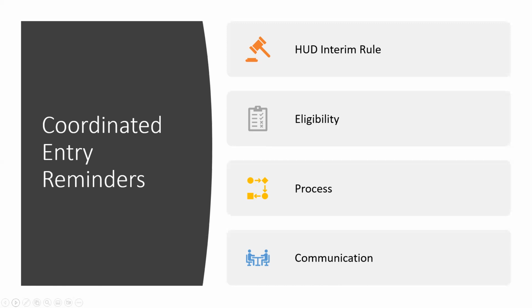One thing we do need to remember is that some of the projects receive rapid exit funding, which means they don't have to take clients from the by-name list. They work with clients directly within their shelters, outreach, or motel voucher projects.